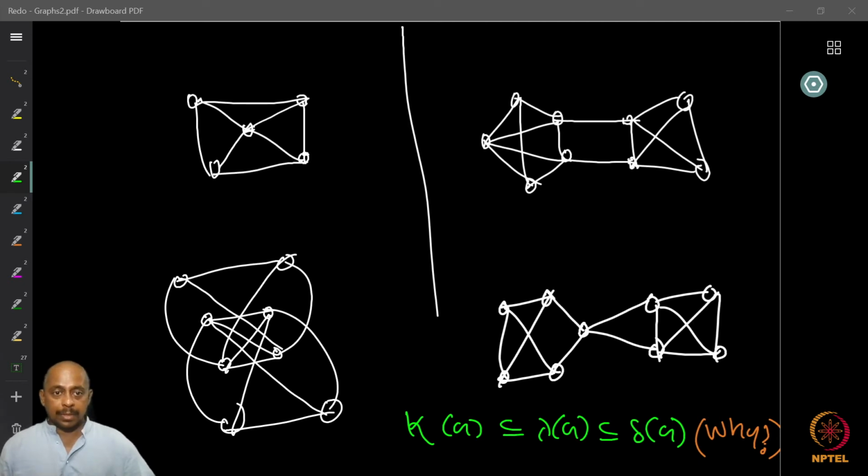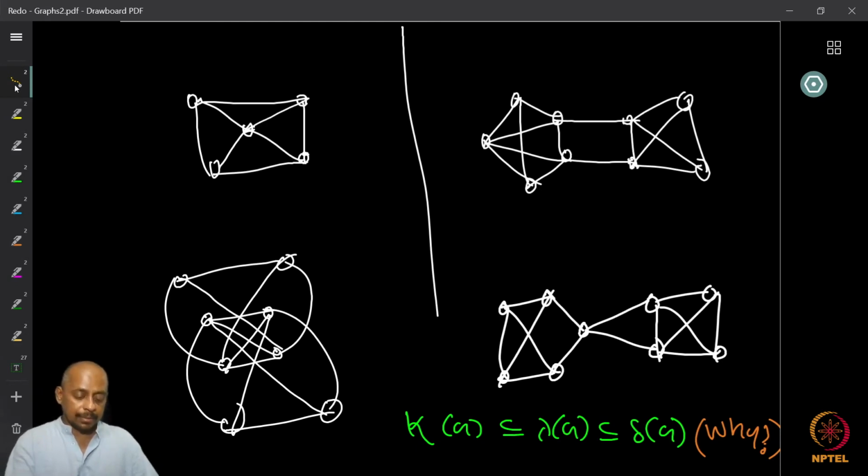Now, here is another set of examples. If you look at this graph, what are the edge connectivities? If you look at the first graph, it is 3 edge connected because I cannot remove just 2 edges to make the graph disconnected.